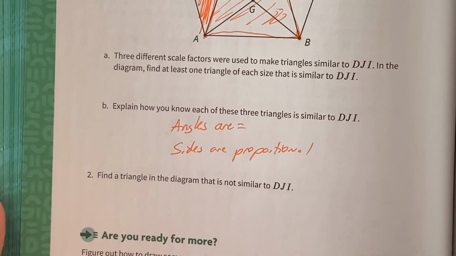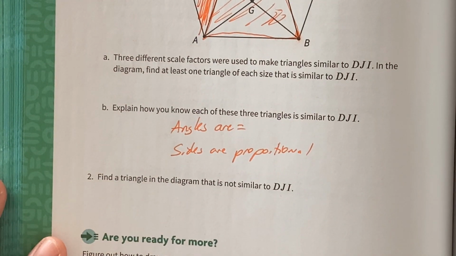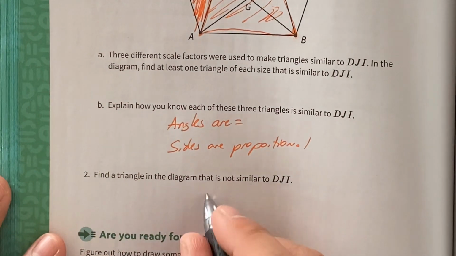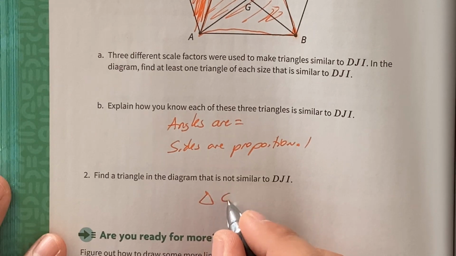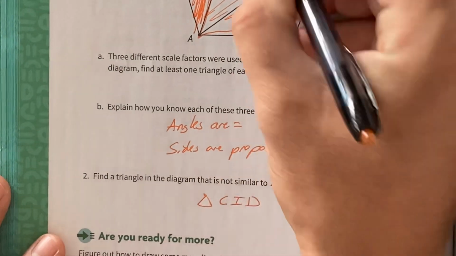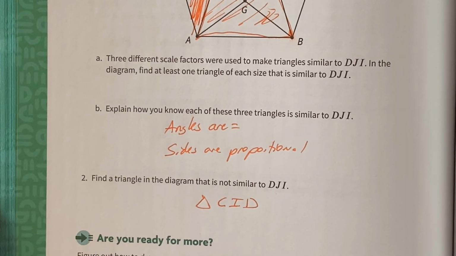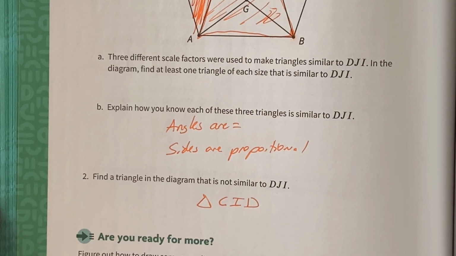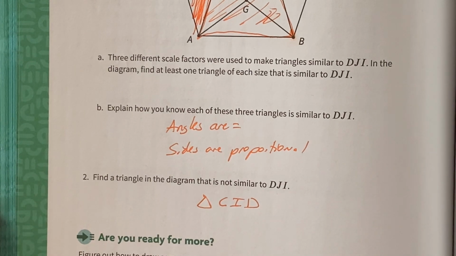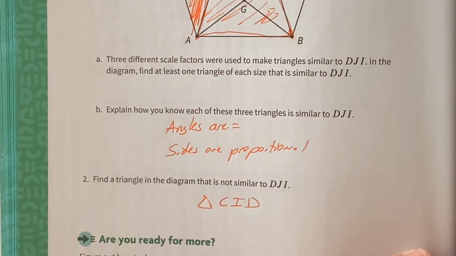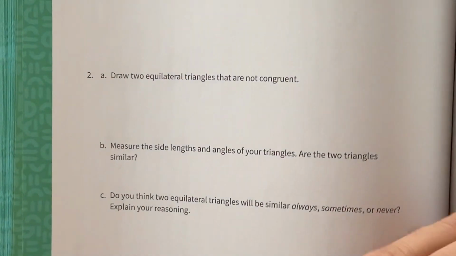You said, well, there's a triangle there. It is not. The angles aren't the same. I think you said DIC or CID. Not similar. Angles are different. So similar triangles, angles the same, sides proportional. Keep that in mind anytime you talk about similar triangles.